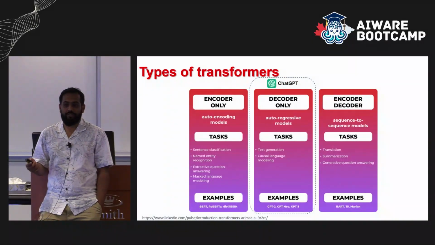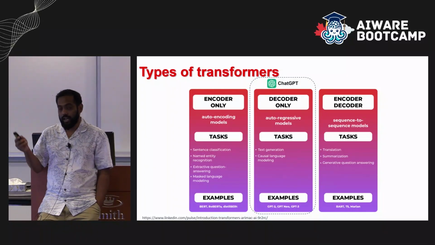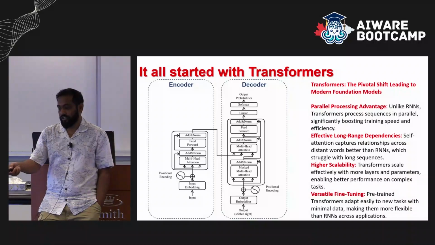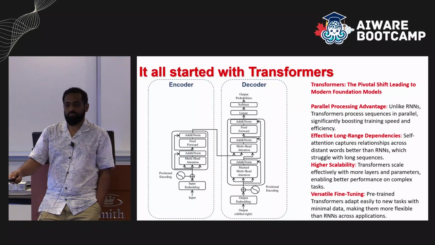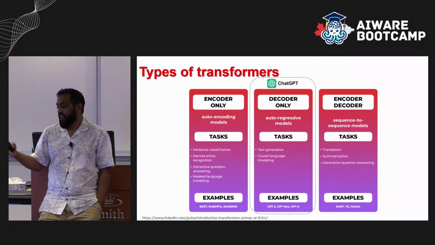So there are three types of transformers typically. There is an encoder-only transformer, or decoder-only, or the whole encoder-decoder structure. In these transformers, the encoder typically takes the inputs and encodes them to extract the information, which is typically used for tasks like sentence classification and named entity recognition, whereas the decoder helps in generating the outputs.